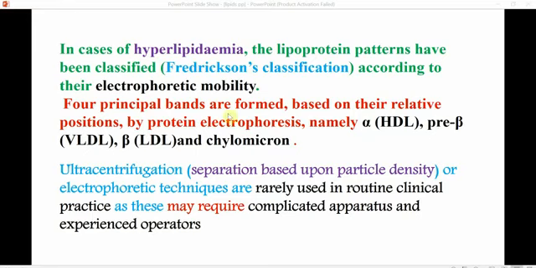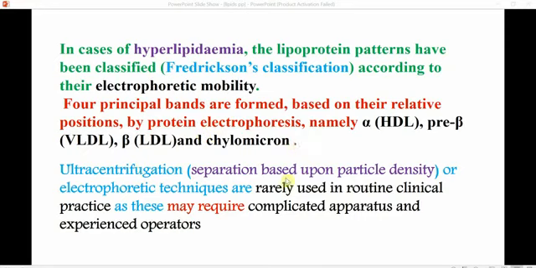Four principal bands had been recognized based on the relative position by the protein electrophoresis: either the alpha band, which represents the HDL, or the pre-beta, representing the VLDL, and the beta band representing the LDL, in addition to the chylomicron, as we said, which occurs at the origin.